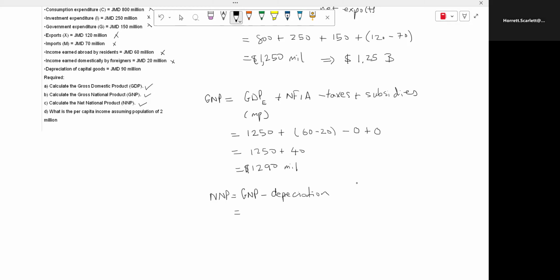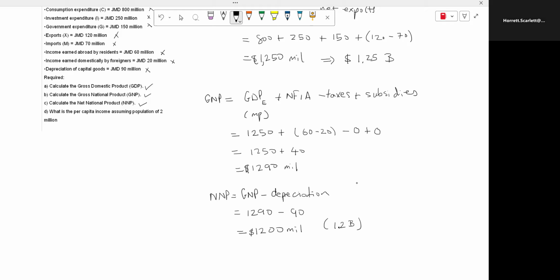So we know that our GNP is 1290. And we are going to look if there's anything for depreciation, and we are told it's 90 mil. So we do our subtraction, and that gives us 1200. Now remember, this is 1200 million, or 1.2 billion.